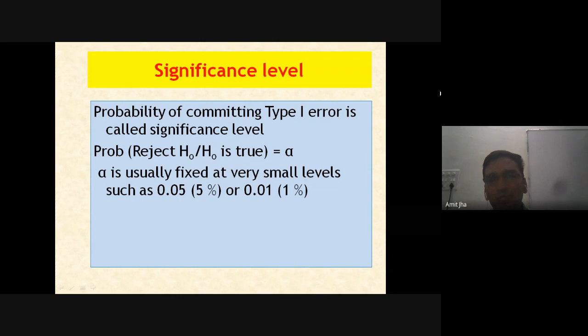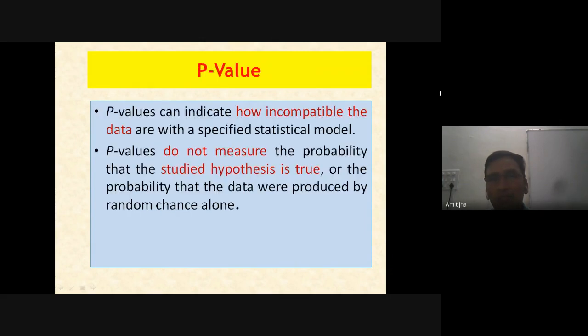These are called the significance levels at which the type 1 error is tested, and there is the p-value, which indicates how incompatible the data are with the specified statistical model.